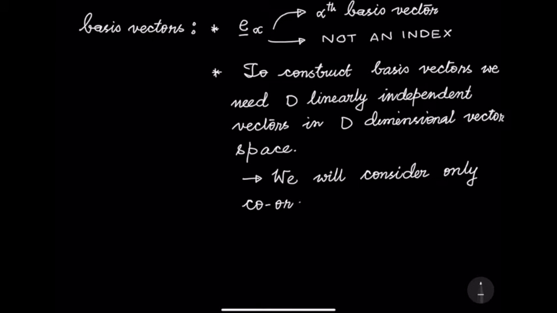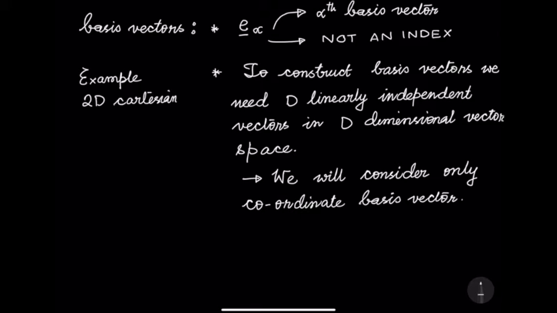What are these coordinate basis vectors? For each coordinate, there is one and only one basis vector. There is nothing mixed up. For example, 2D Cartesian.